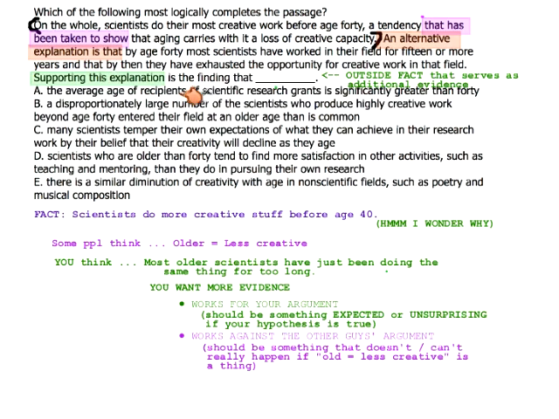Choice A says the average age of recipients of research grants is greater than 40. Well, there's a big hole here. Like, we don't really have any connection between this and what else.